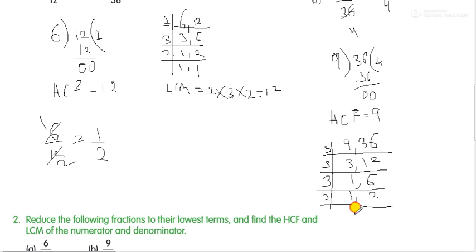Next, 2 1s are 2. Now here the LCM equals 3 into 3 into 3 into 2 equals 3 3s are 9, 9 3s are 27, 27 into 2 is 54.